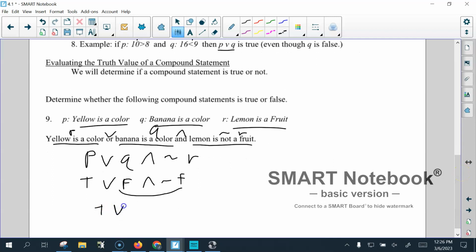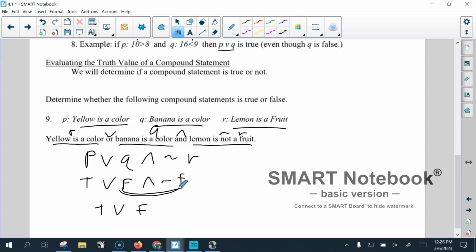Now we have T, kind of the V, and then false. So we're working backwards and breaking it down. Okay, so these two falses, this and that, are false, so it's false.